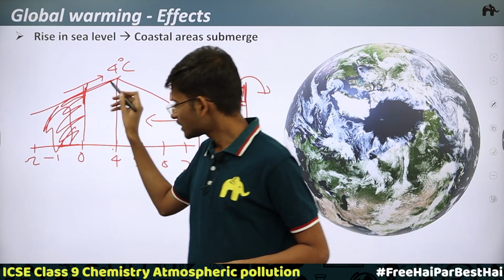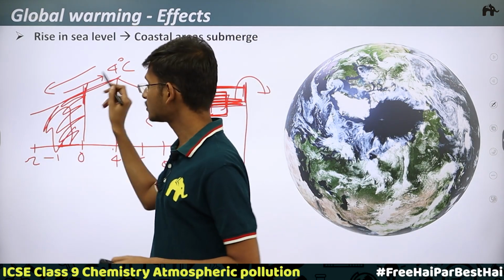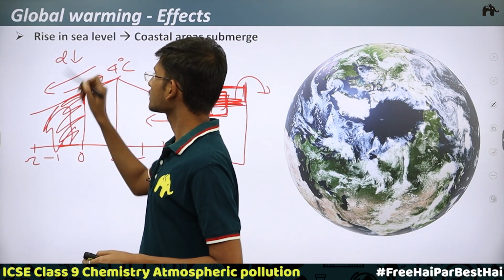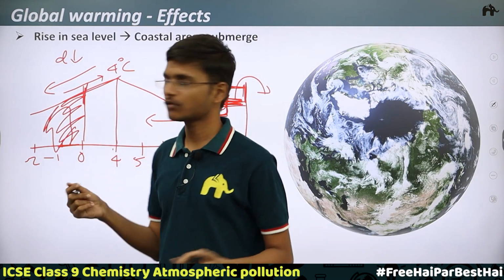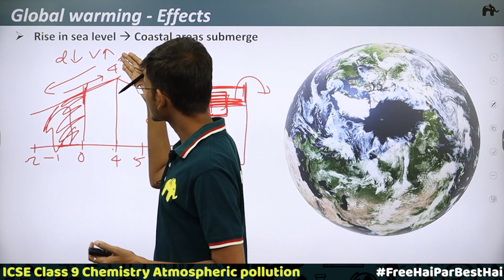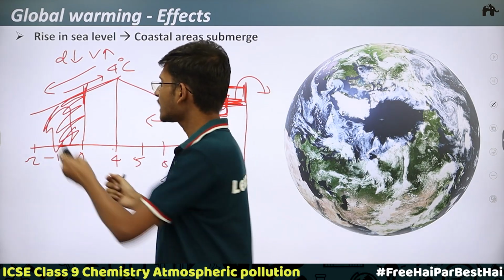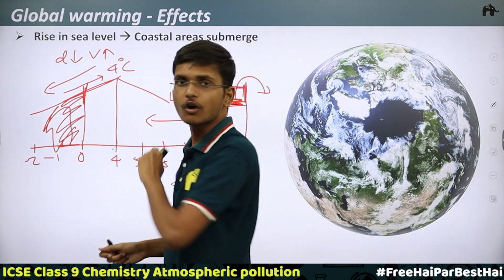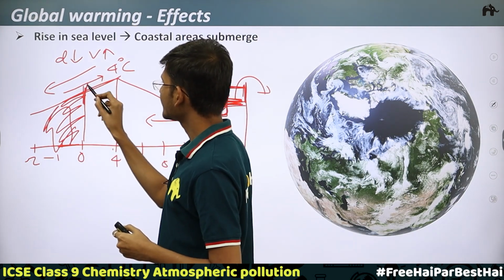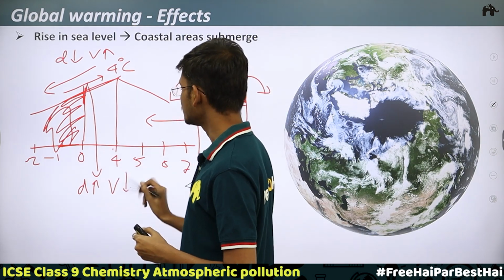Going from this point to this point, the density is decreasing, and we know density and volume have an inverse relationship, so volume is increasing when we move from 4 degrees to colder temperatures. But when the ice is melting, it moves from colder to hotter temperatures, so it would have exactly the opposite effect. So density would increase, volume would decrease.